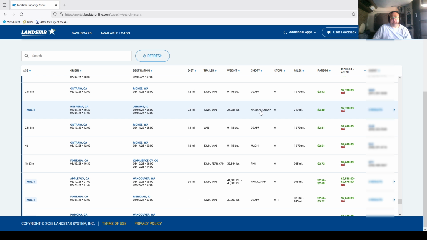Another hazmat. They have it listed as hazmat and consumer goods or appliances. What in the world does that even mean? So it's a mixed load of hazmat and general goods.